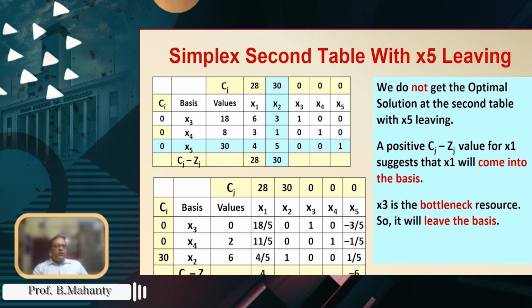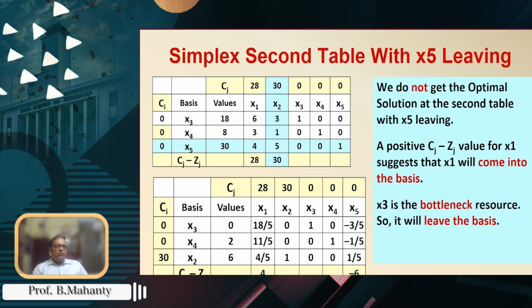All right, so once we understand that, if we choose x5, then this is the key row, and x2 again enters the basis. So x2 enters the basis, x5 leaves, and x3 becomes 0 then. So because of that, we say that this is a degenerate table, but this is not optimal.